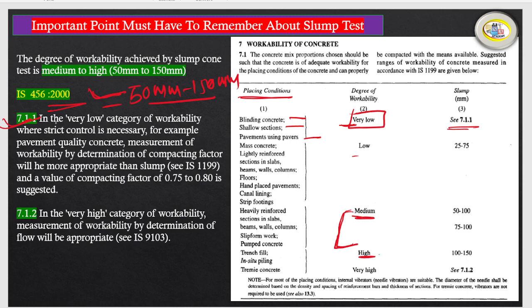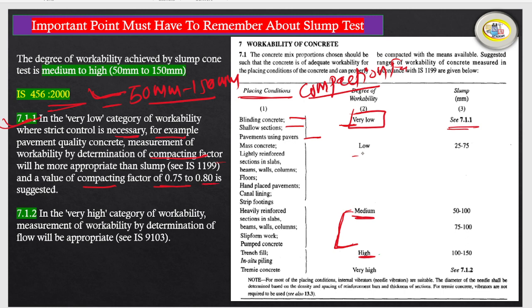This is in the very low category of workability where strict control is necessary, for example pavement quality concrete. Measurement of workability is determined by using the compacting factor. मतलब जब हमें वेरी लो वर्केबिलिटी find out करना है तब हमें compaction factor test use करना है ना कि slump cone test. Okay, compaction factor test use करना है. आ गया समझ में? For that, the value of compaction factor is given as 0.75 to 0.8 for very low. For very low, slump is not going to be used.